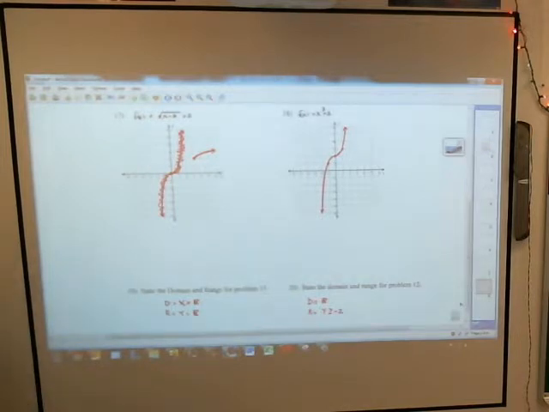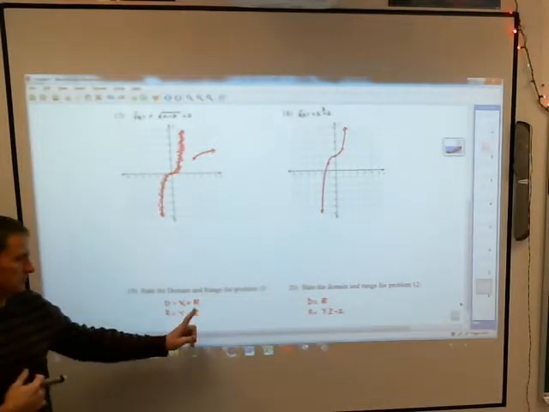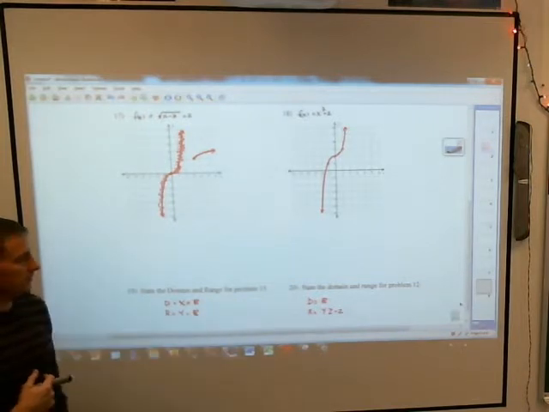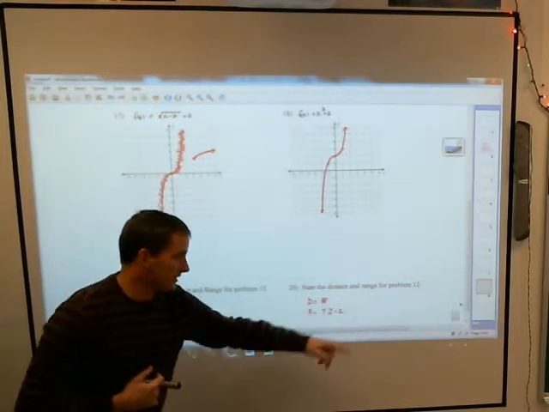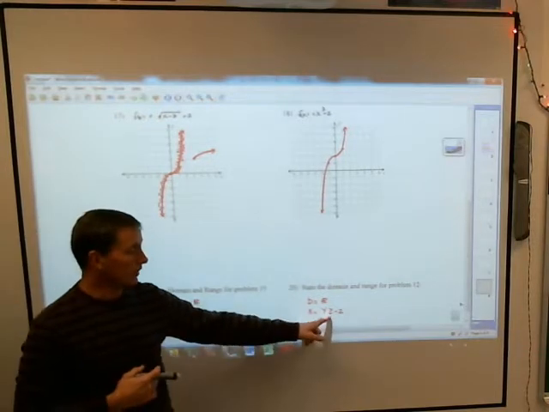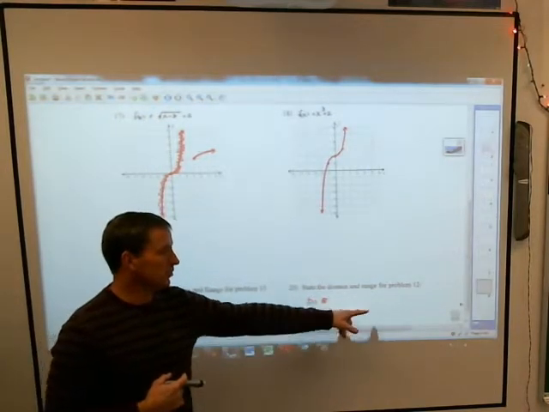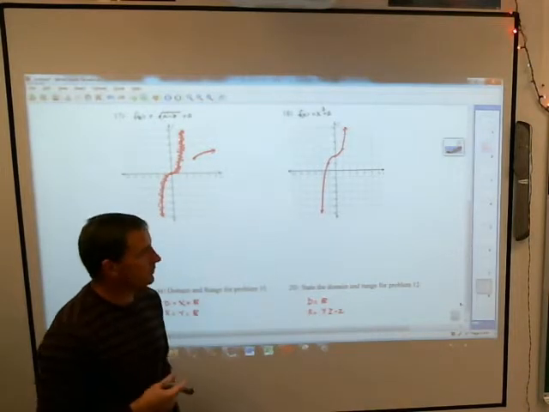Crosses at +2. If you were doing this in interval notation, it would go -infinity to positive infinity, -infinity, positive infinity, -infinity, positive infinity. Y is greater than or equal to 2 means that the smallest point is -2 going to positive infinity. I should probably write that on there.